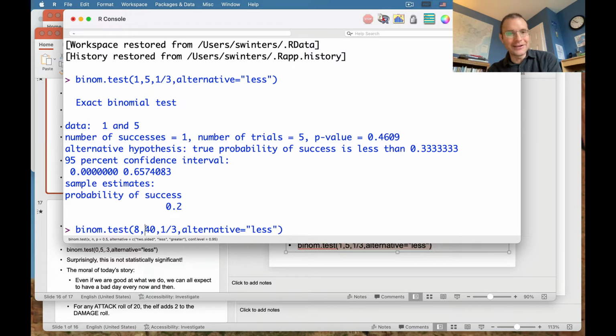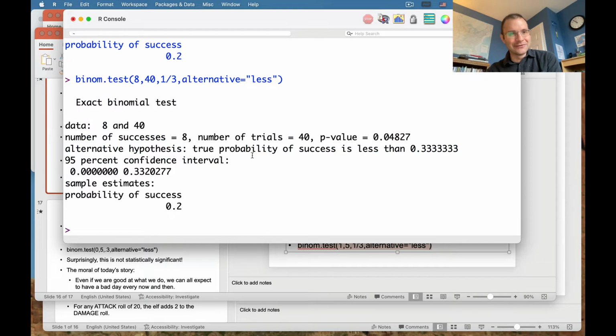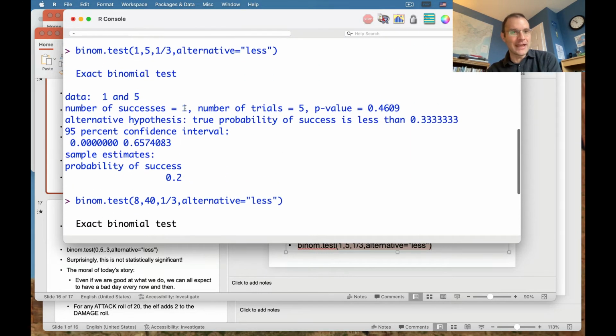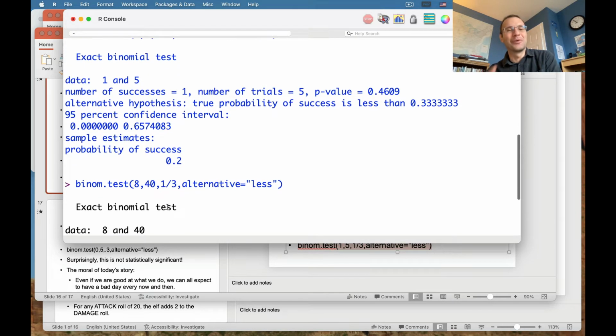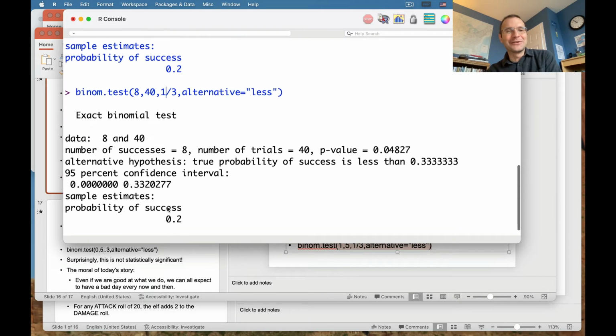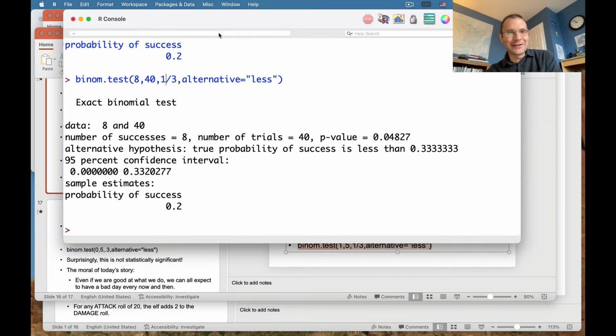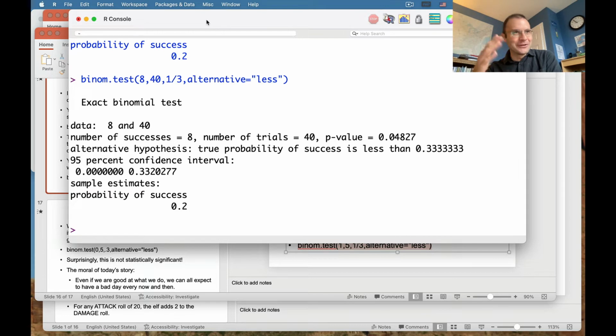So if you had 40 at-bats and you got 8 base hits, and you still thought that your underlying batting average was 1/3 or 0.333, does that still fit? And the ratio is still the same. It's 1 out of 5, and this is 8 out of 40. So 1 out of 5 would be a batting average of .200 or 0.2, which was traditionally known as the Mendoza line, the line at which you go from being a not good batter to a really bad batter.